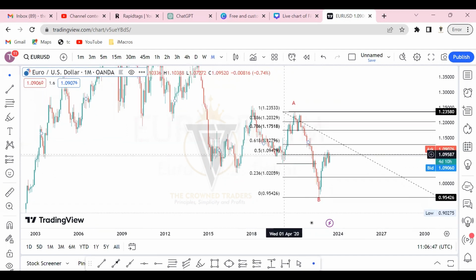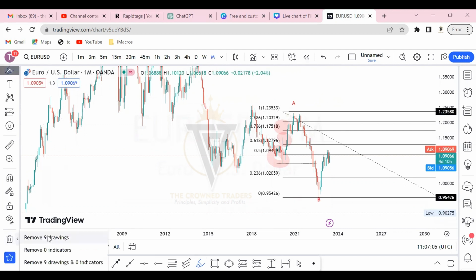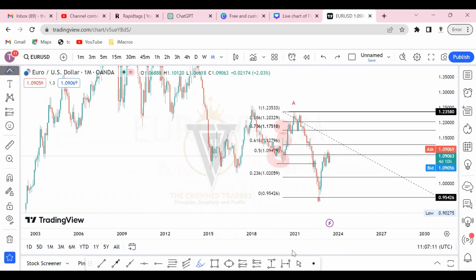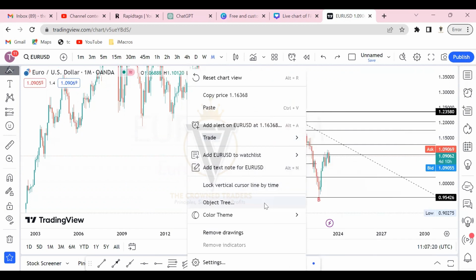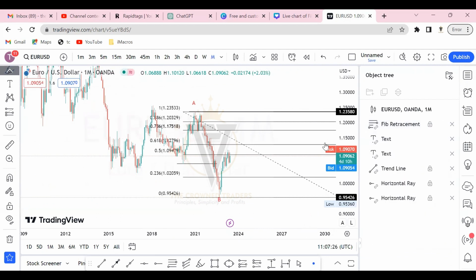We are expecting reactions at all those points, and what we are looking out for is a very good rejection for us to take those trades that coincides with our analysis.